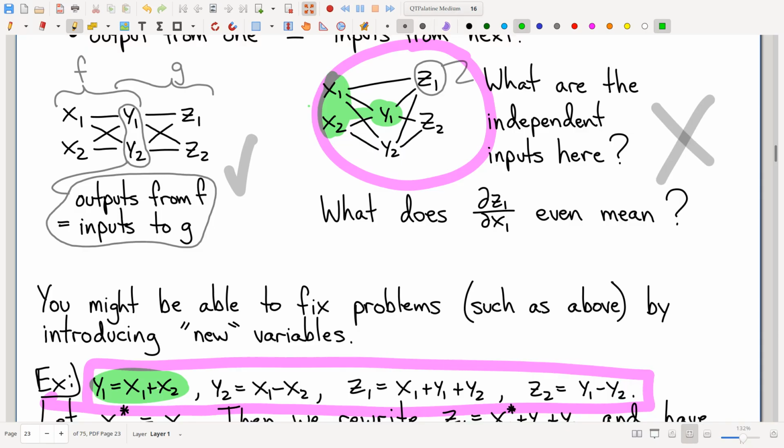And the big problem is the chain rule that we have is only for compositions of functions. So our chain rule only applies to diagrams that come from actual compositions of functions. And in a situation where you don't have a composition of functions, we have no chain rule here.